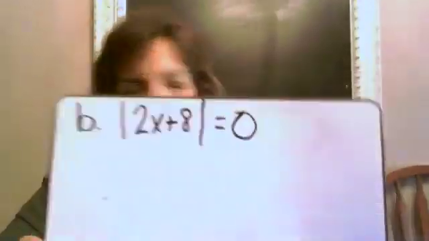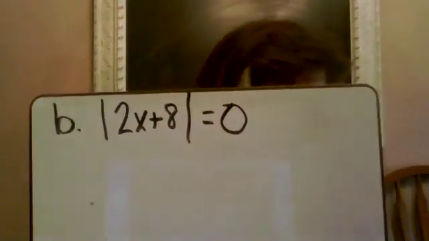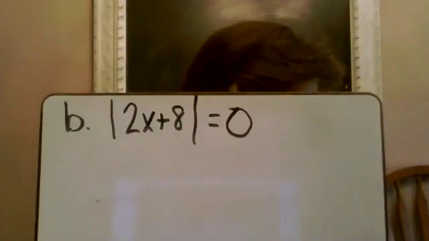Now let's move on and let's do a practice. And we'll begin with practice B. Again, this is lesson 115. Okay, we've got the absolute value of 2x plus 8 is equal to 0.